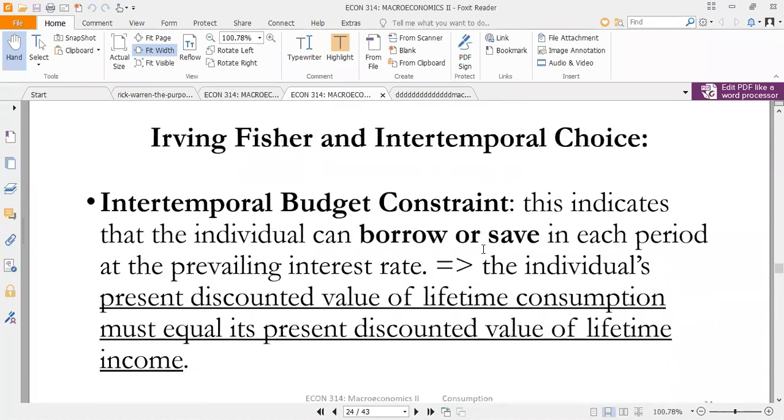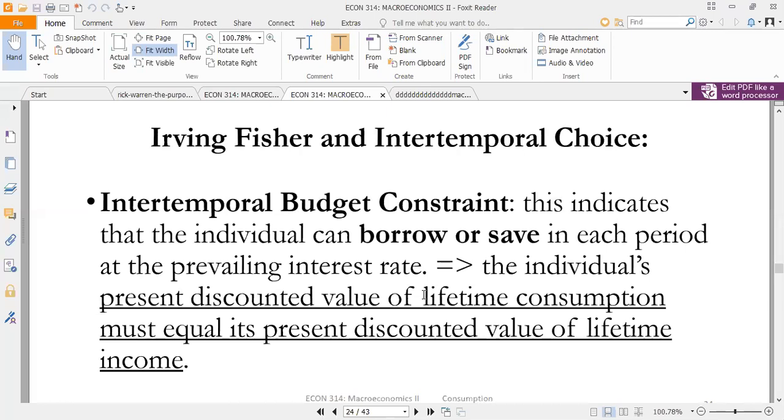All right, so this is the interpretation of the intertemporal budget constraints. Okay, you can either borrow or save in each period, based on the discounting rate that you'll be given. So if you are saving in the current period, then you know that you are going to enjoy the future, you consume more in the future. But if you are borrowing now, you know that in the future you have to pay for the money that you borrow.